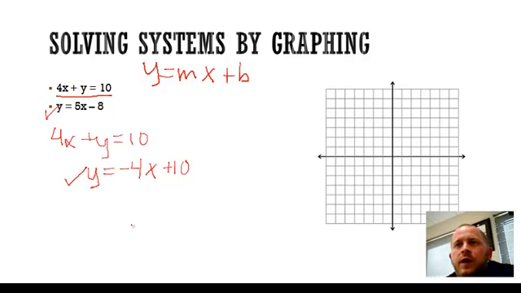Next thing you want to do is come over here and graph it. On this one, after you graph the lines, it's actually going to cross right here at about 2, 2. So what you would do first is look at your y-intercept. 10 would be your y-intercept for the equation that we changed.